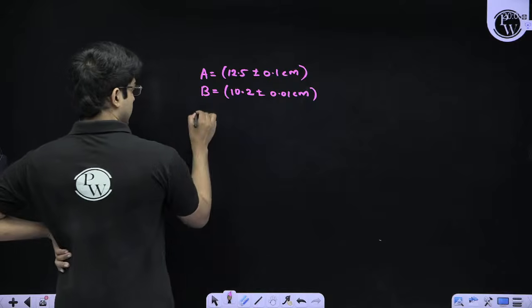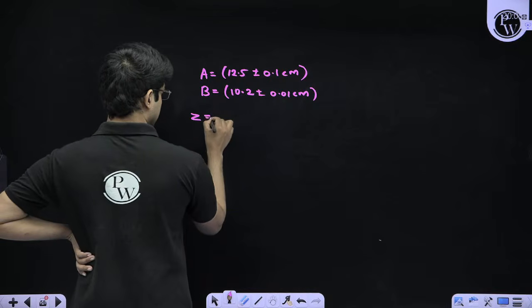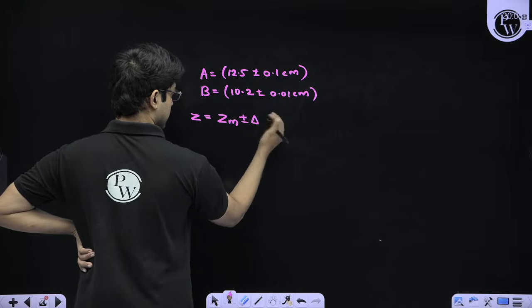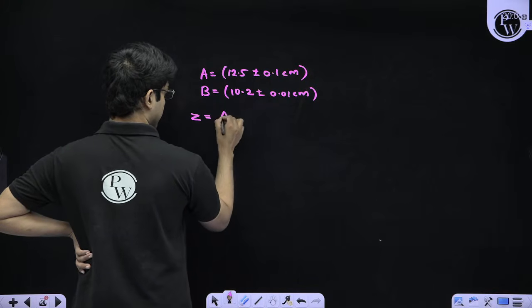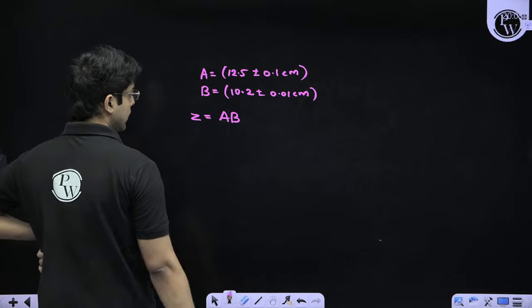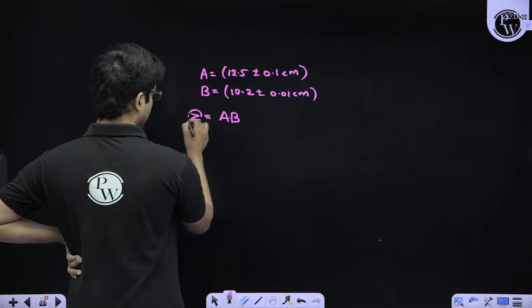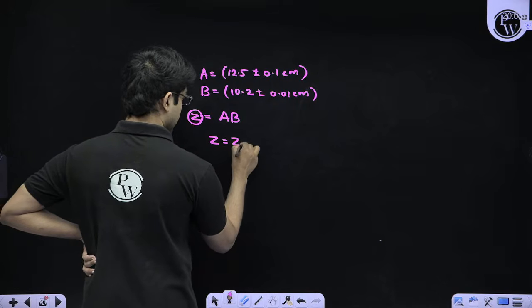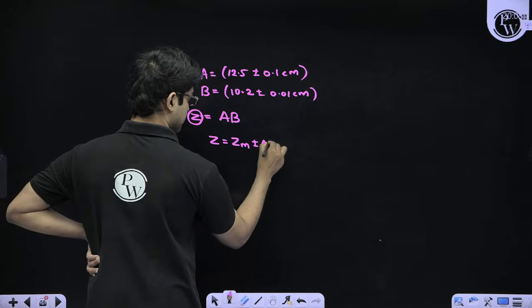So there is another quantity Z, which is basically A into B. We are trying to multiply A and B to get another quantity Z. We have to find the true value of Z and the error. Okay, Z, we have to find the true value and its error.